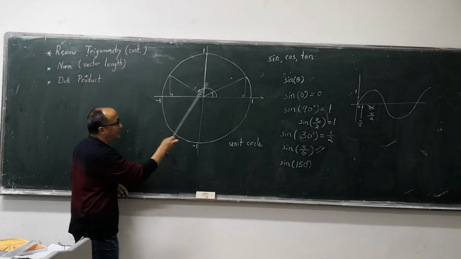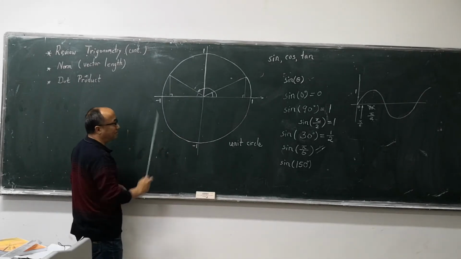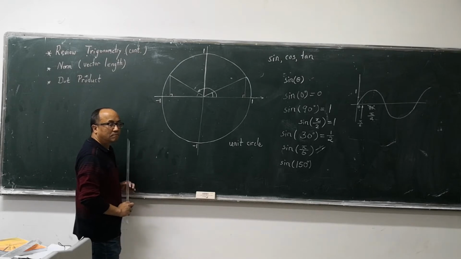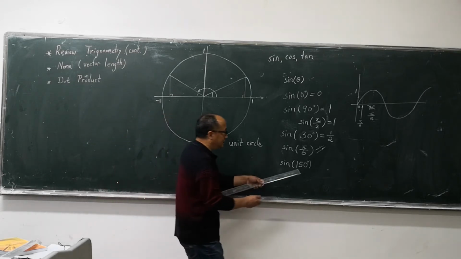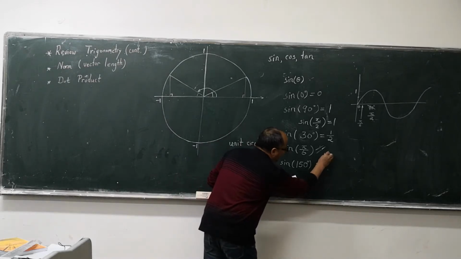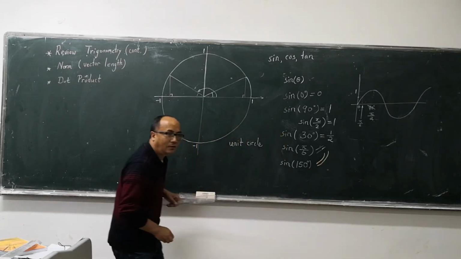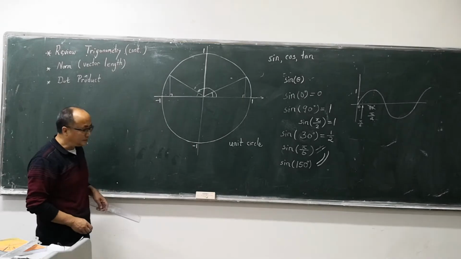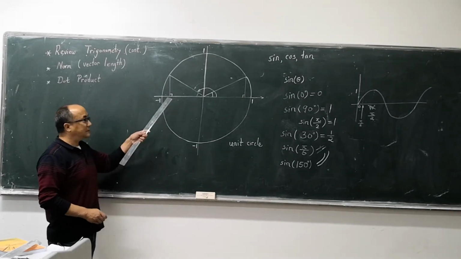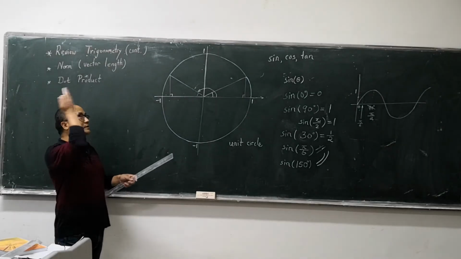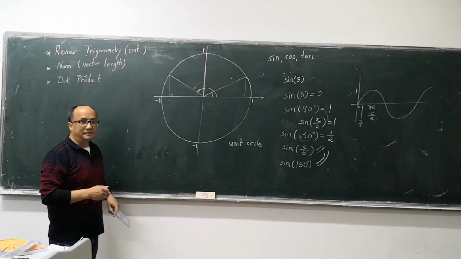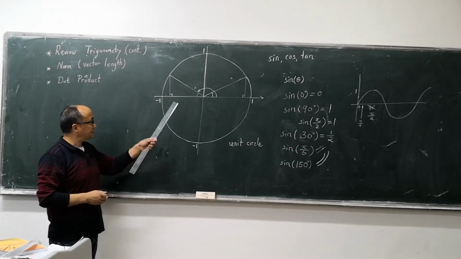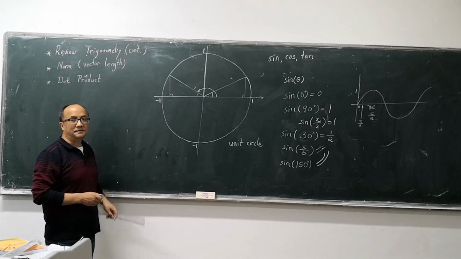So these and these are the same. Following? So this and this are equal. It's above the ground, even though it's on my back, so it's positive.